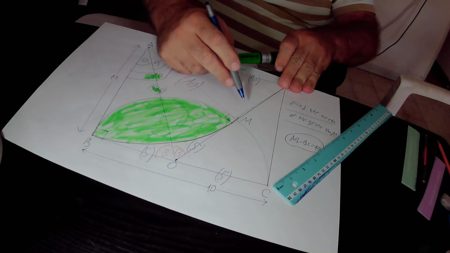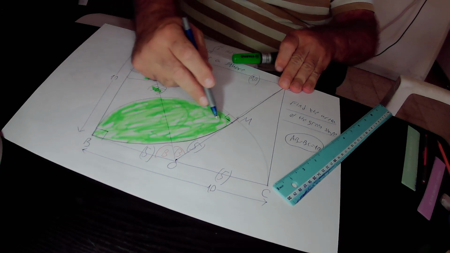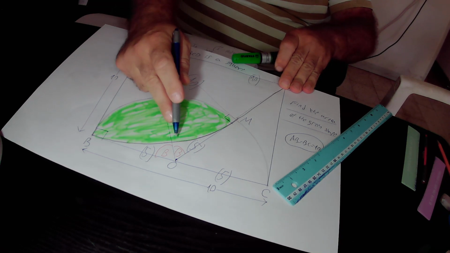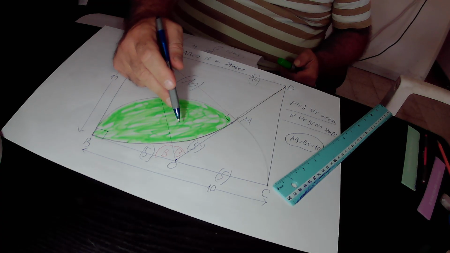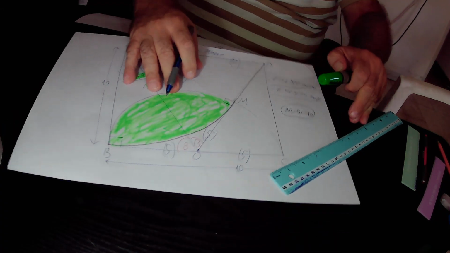This is angle MOB. Angle MOB equals beta plus beta, that is 2 beta. We just found that 2 beta equals 126.87 degrees in size.